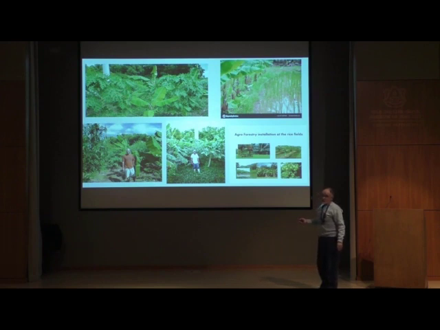When well managed, you can intercrop bananas with papaya or with rice. This guy does it with everything, and you can even get into agroforestry, when you mix forestry in the production of bananas.